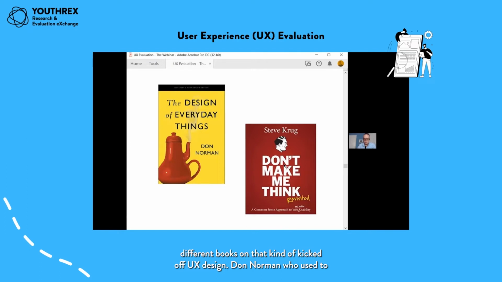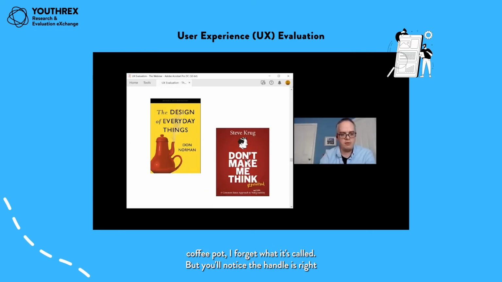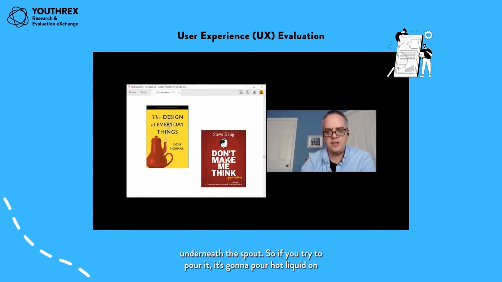So there are different books that kind of kicked off UX design. Don Norman, who used to work for Apple back in the day, is pointed at a lot of times as being the one who kicked off the profession of UX design. He has this book, The Design of Everyday Things, that on the front cover is like the devil's coffee pot. I forget what it's called, but you'll notice the handle is right underneath the spout.